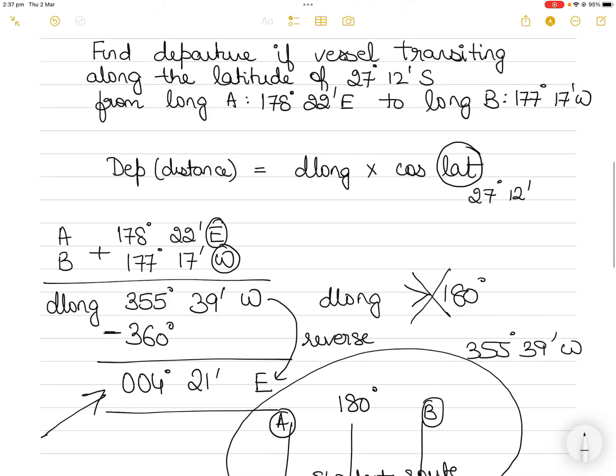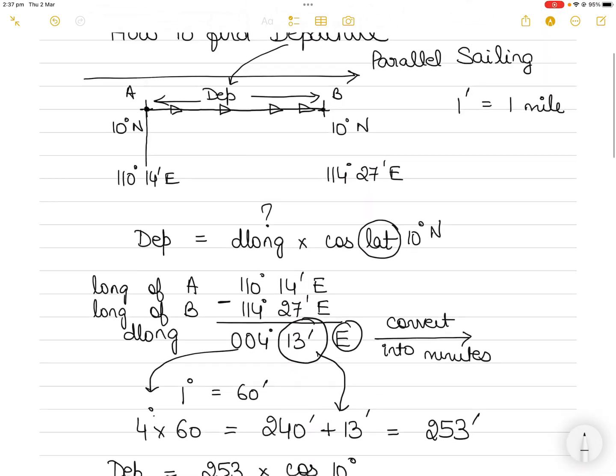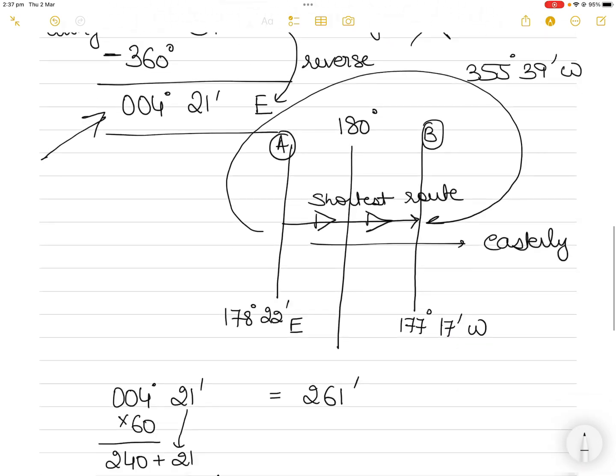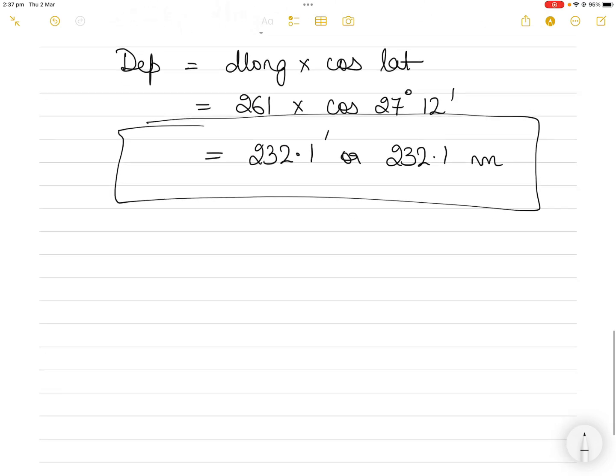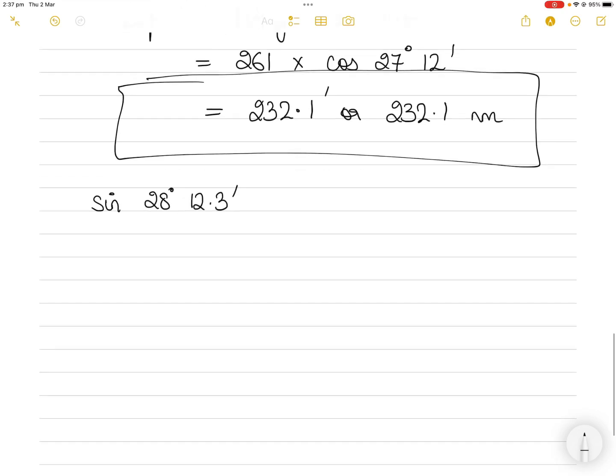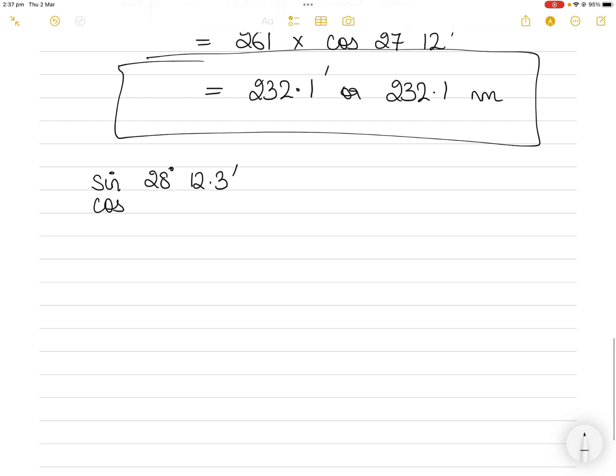Alright, so as an exercise today, there are a few things I want you guys to be doing, and you should be knowing all this principally. So just practice all this in the calculator. Practice finding sine of 28 degrees 12.3 minutes, cos of 143 degrees 29.7 minutes, tan of 97 degrees 18.7 minutes.